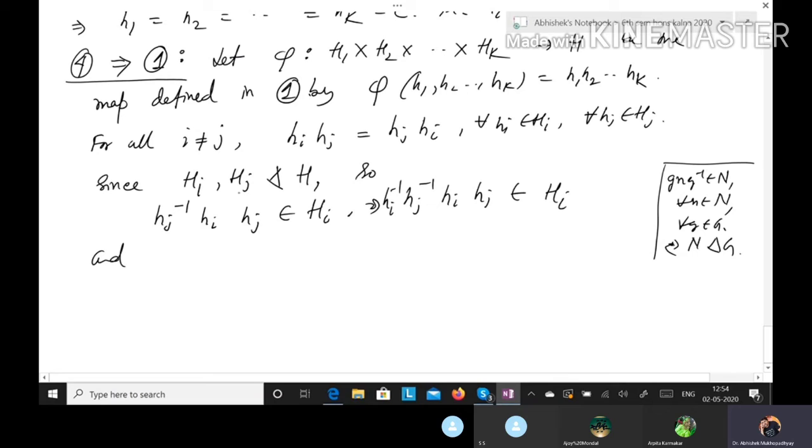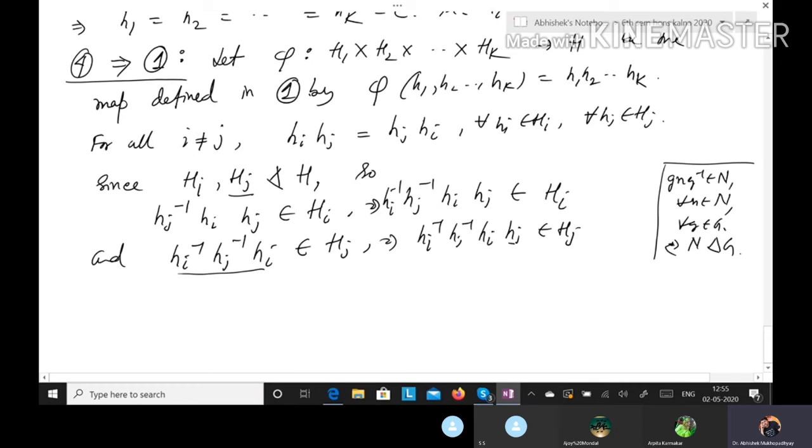And for the Hj, we will have hj inverse hi hj belonging to Hj, and this implies hi inverse hj inverse hi hj belongs to capital Hj.